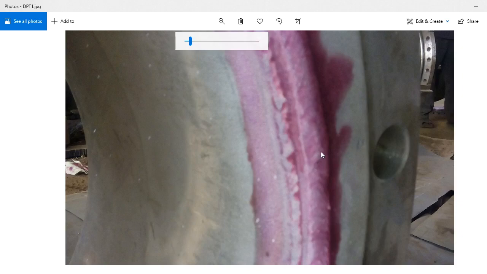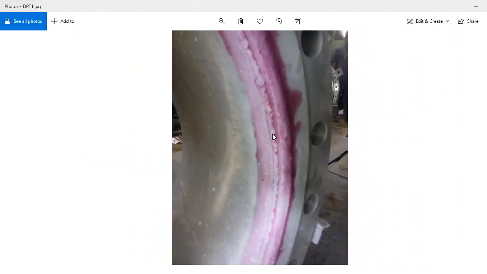See, how does a defect look in this method? These are the defect points.